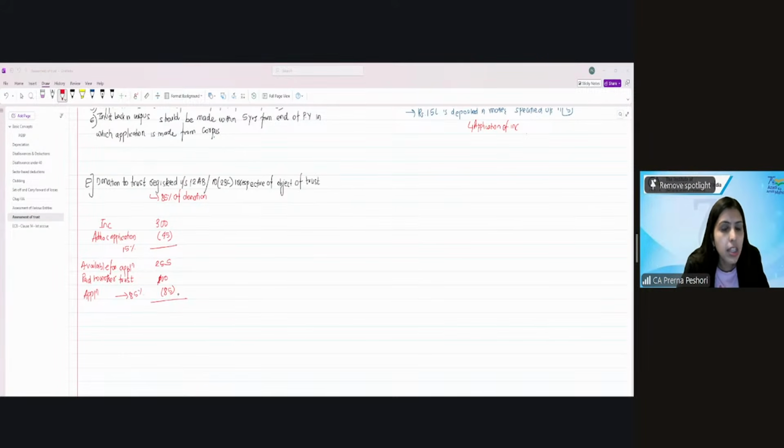Now, however, the remaining income actually available for the application is 300 minus 100, which comes to 200.